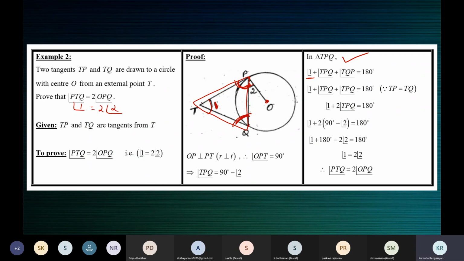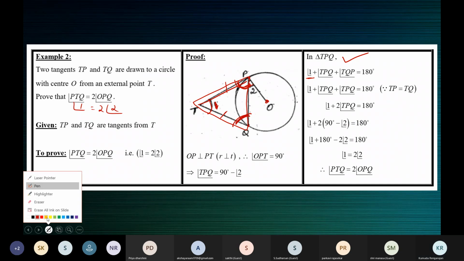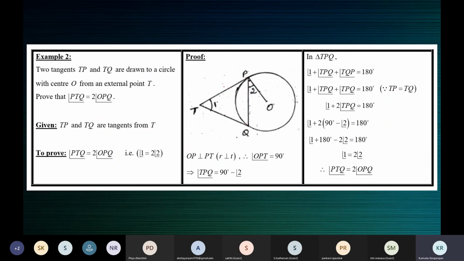Now we know that PT is equal to QT because they're tangents from the same point T to the circle. So TP is equal to TQ. That means this angle is equal to this angle.